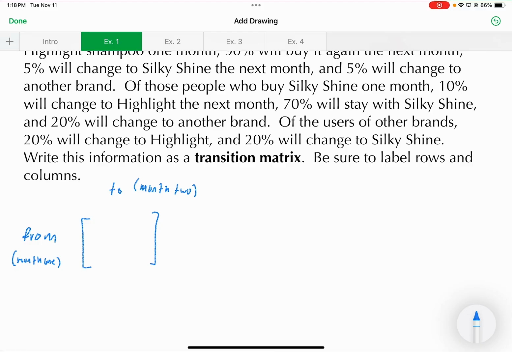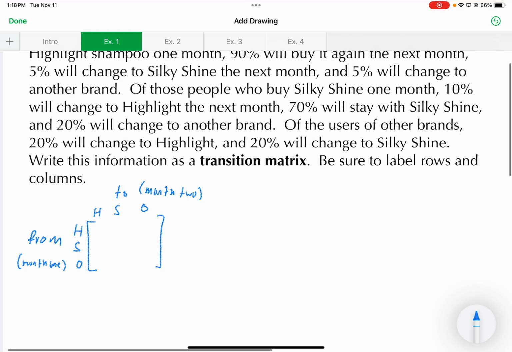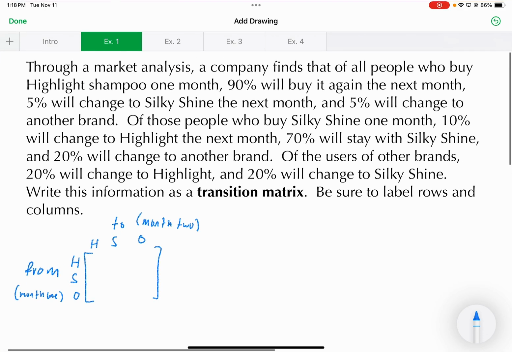All right, so our brands are Highlight, Silky Shine, and then other, and then we're going to put that across the top as well. And then you'll see how we can start organizing this information as a matrix. We have to read that very boring paragraph again in order to figure out what we're going to put in each one of those values, okay?